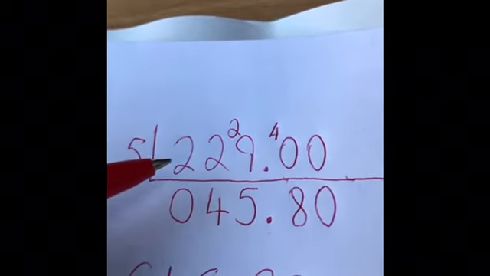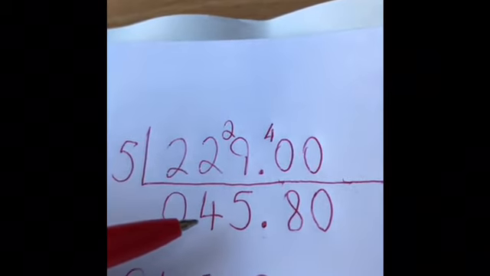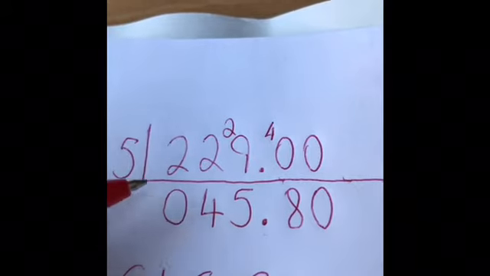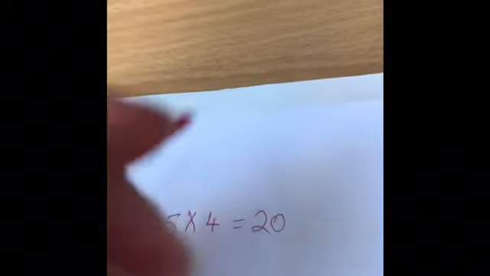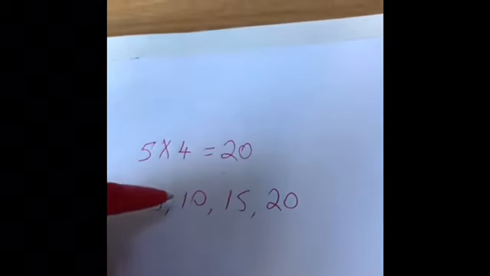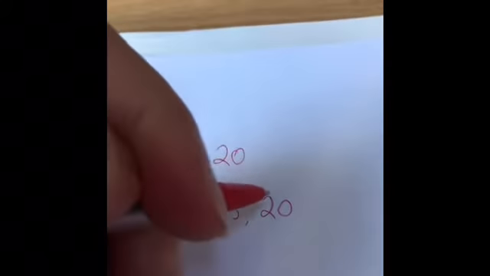So 5 into 22 goes 4 times. 5 fours being 20. If we just go over here, so 5 multiplied by 4 is 20, because we have 5, 10, 15, 20, and so on. So 1, 2, 3, 4 times.